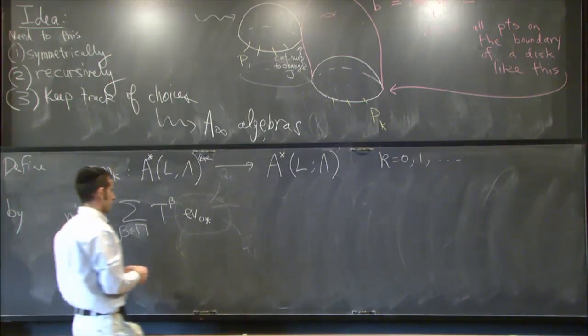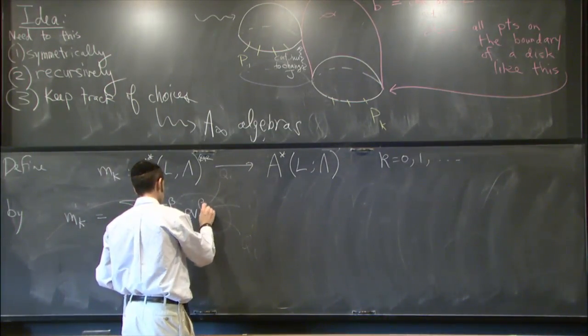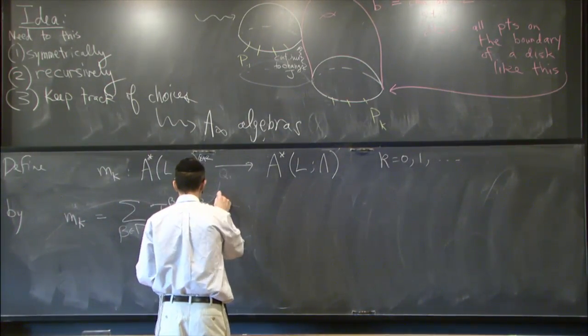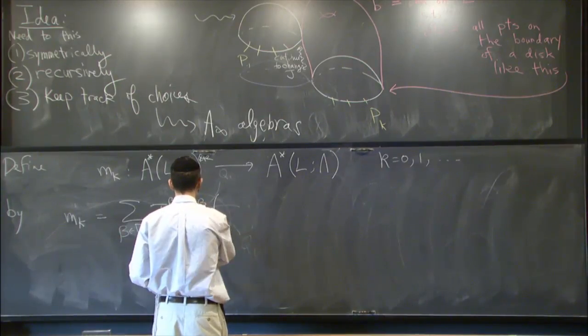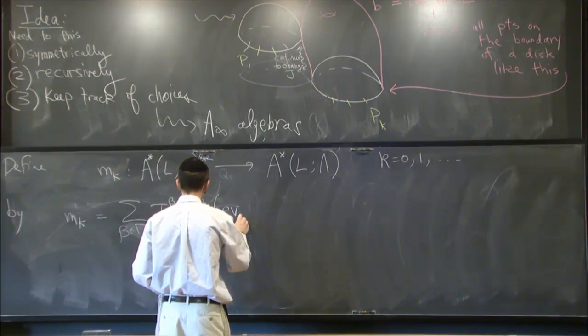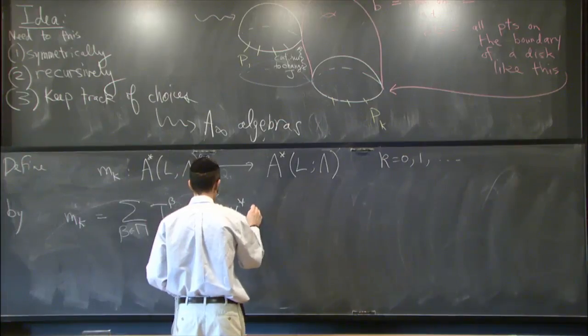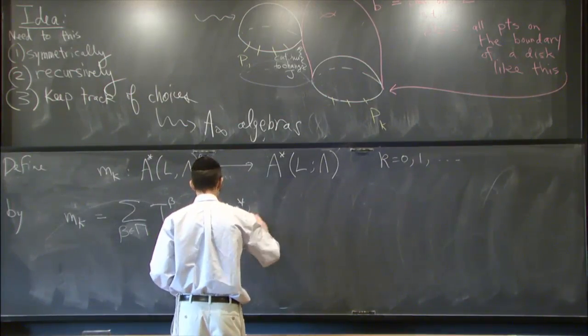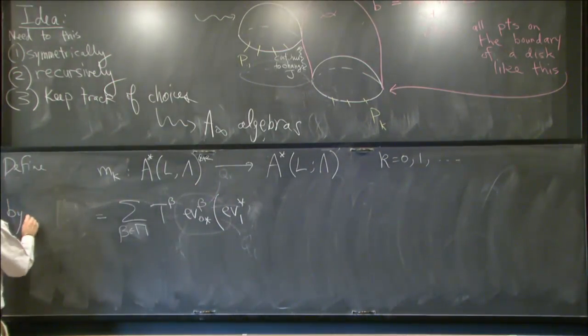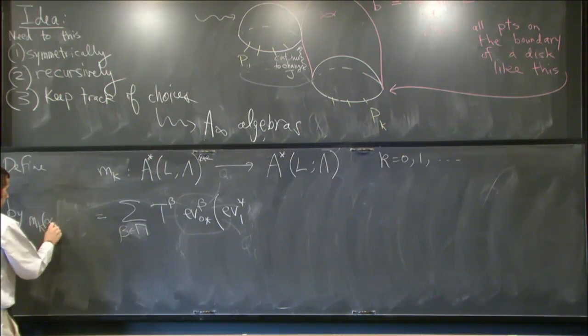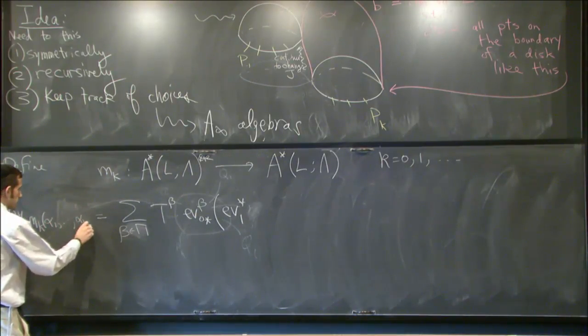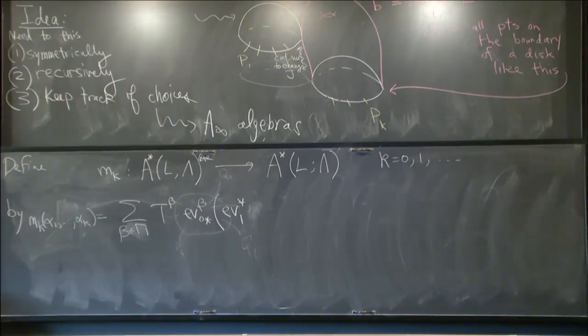The evaluation maps are going to be labeled by the degree of the moduli space, and this will make notation unambiguous. And then we set m_k of alpha 1 up to alpha k, which are differential forms with coefficients in the Novikov ring.